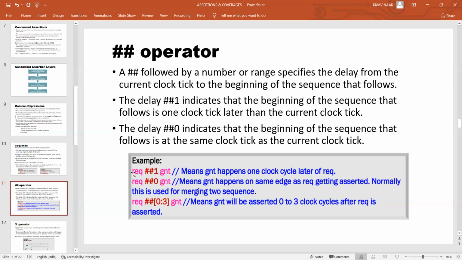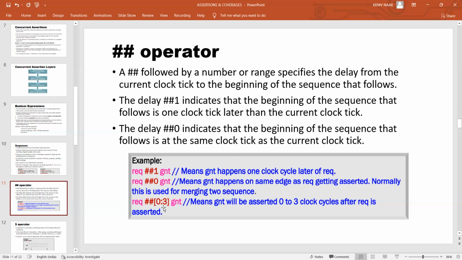If you mention the negation of request, then we are saying that signal should be low. But here you are not mentioning any negation, so it is high only. So when your request is high, after one clock cycle your grant should be high. What does double hash 0 mean? When your request is high, in the same clock cycle your grant should also be high.